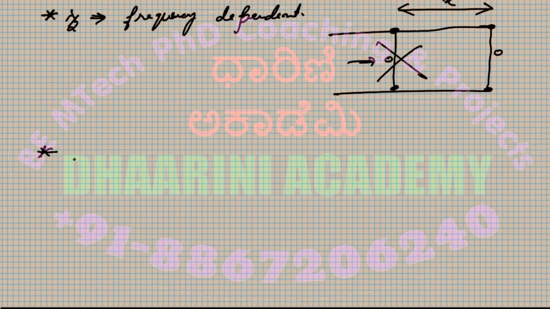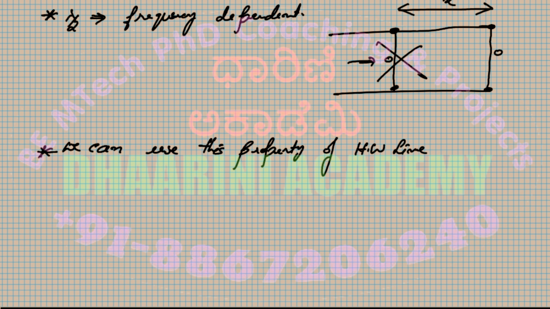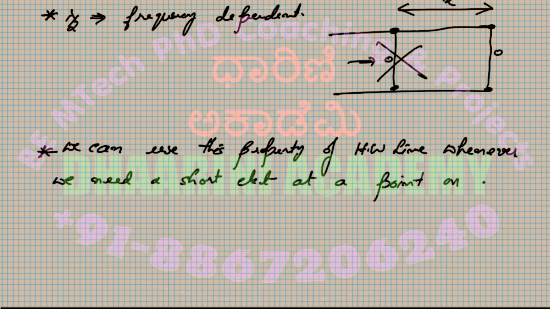We can use this property of the half wave transmission line whenever we need a short circuit at a particular point on the transmission line.